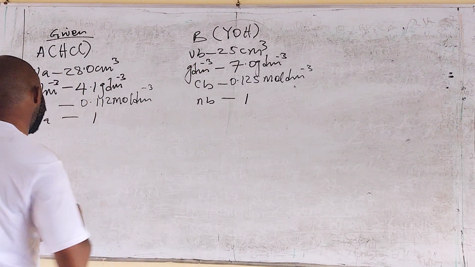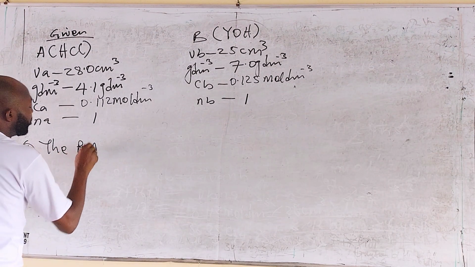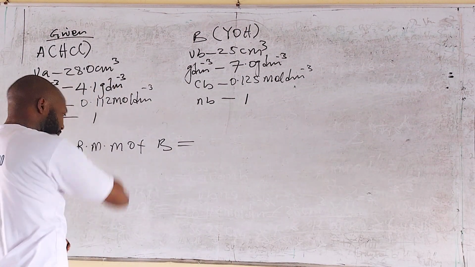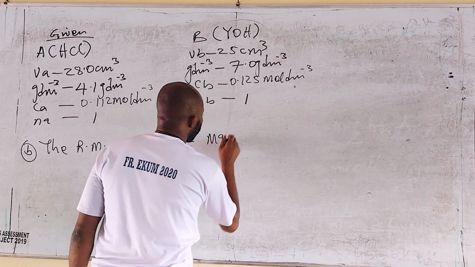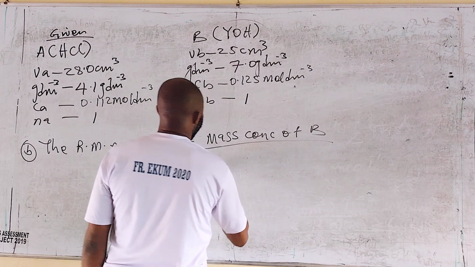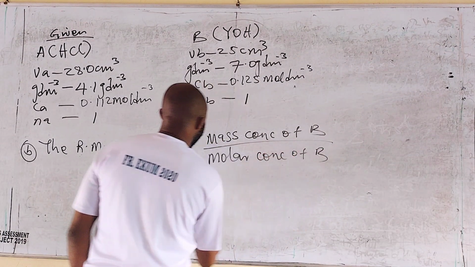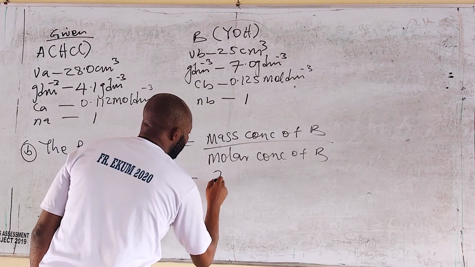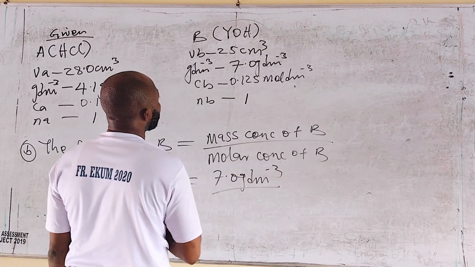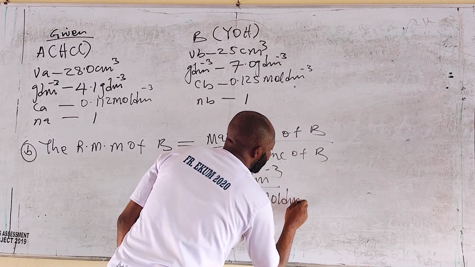Let me call this my B. The relative molecular mass of B is equal to mass concentration of B over molar concentration of B. The mass concentration of B is given to be 7.0 g/dm³ over the molar concentration of B, 0.125 mole per dm³.